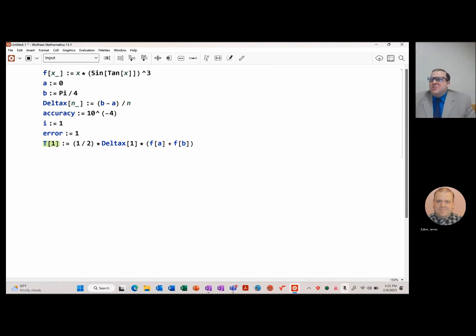Now for the actual code. I'm going to use a while loop. While the absolute value of our error term is greater than or equal to our accuracy.